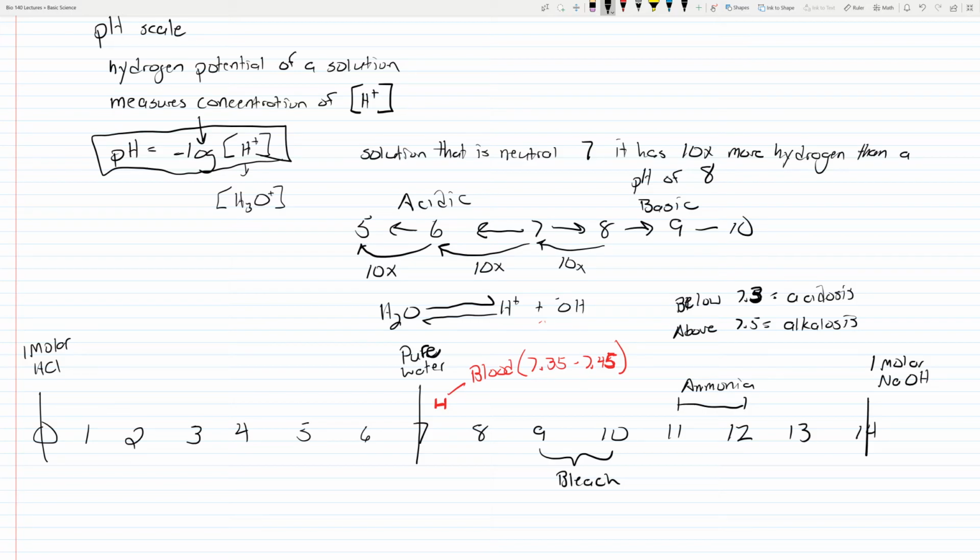Slightly below here, like 6.5, this is saliva. Again, you don't have to remember this stuff. Beer is about 3 on the pH scale, so beer is pretty acidic. About 4 are tomatoes. Stomach acid is here.